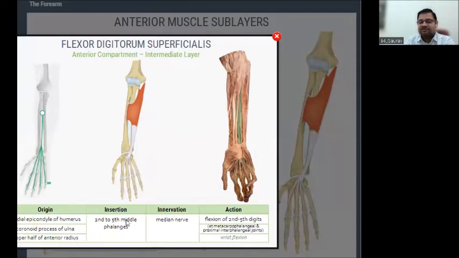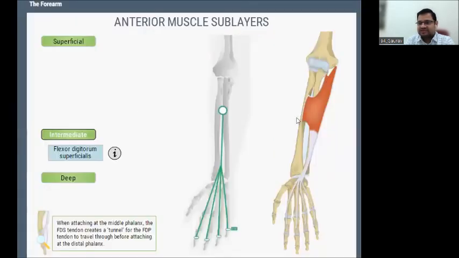Insertion will be on the second to fifth middle phalanges. You can see, second to fifth till the middle phalanges. It will help in doing these types of movements. Nerve supply is the median nerve, flexion of second to fifth digits, and wrist flexion will also be its function. So you can see the shape of this particular muscle, which is very important.